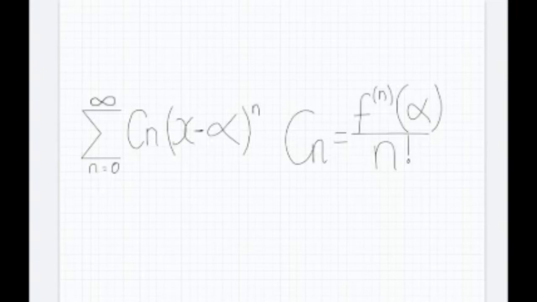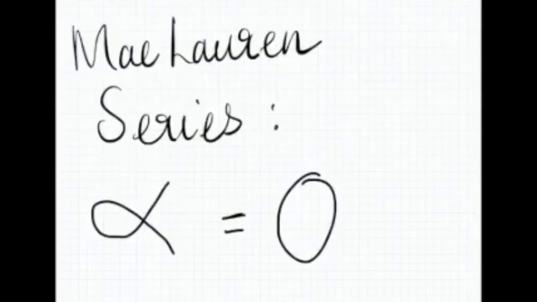The next definition is the Maclaurin series. The Maclaurin series is exactly the same thing as the Taylor series, where alpha, the point that you expand about, is just 0. So it's the same formula as above for the Taylor series, just with 0 in place of alpha.